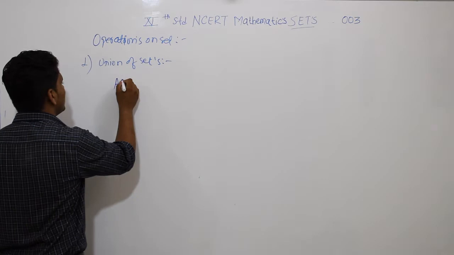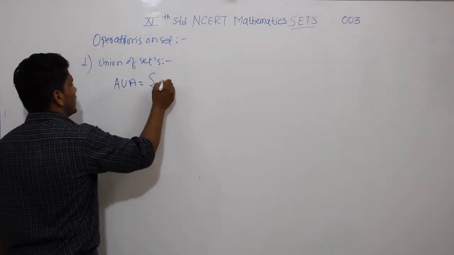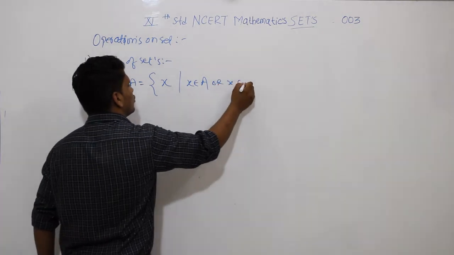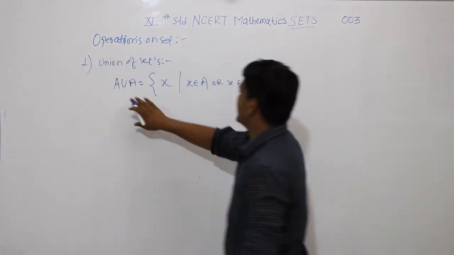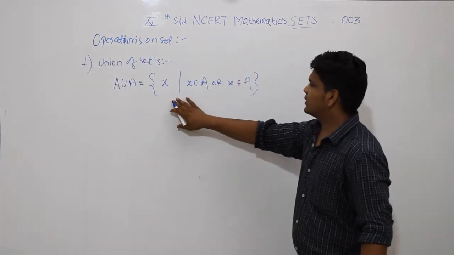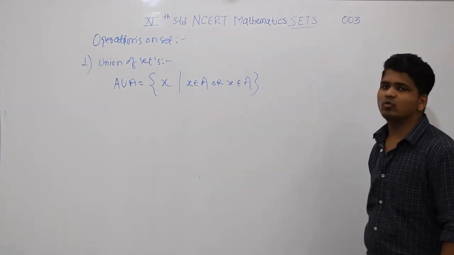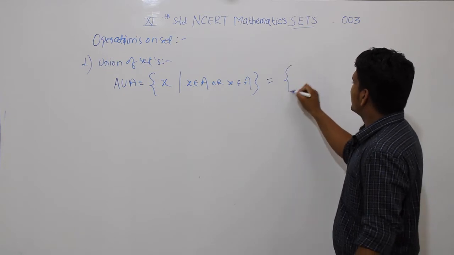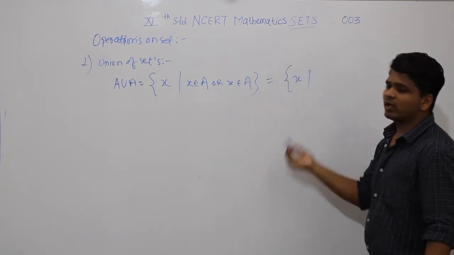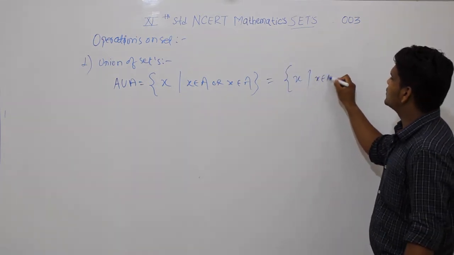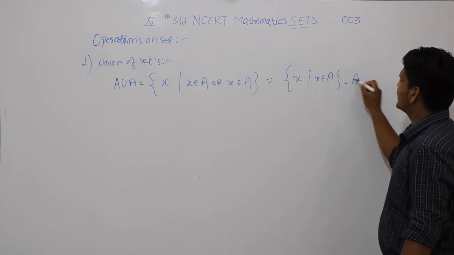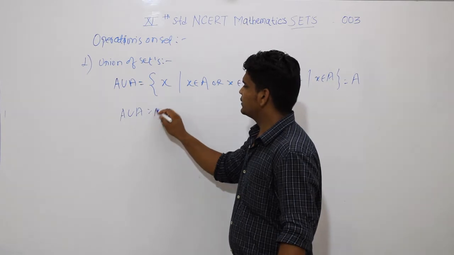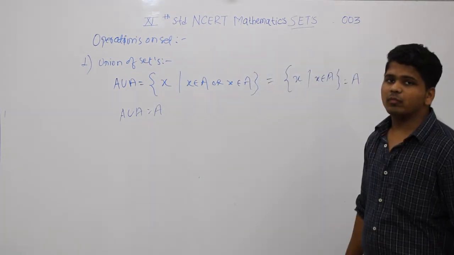A union A is X such that X belongs to A or X belongs to A. This is our definition of union. What does this imply? X such that X belongs to A or X belongs to A means the elements must be from A. This is nothing but A. This implies your A union A is A. This is nothing but union is idempotent.